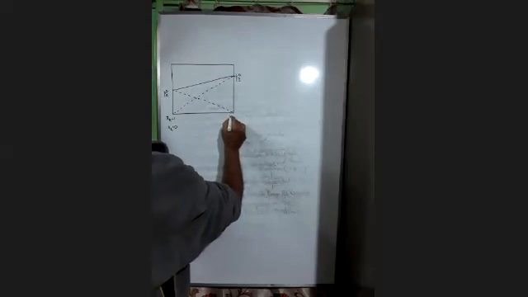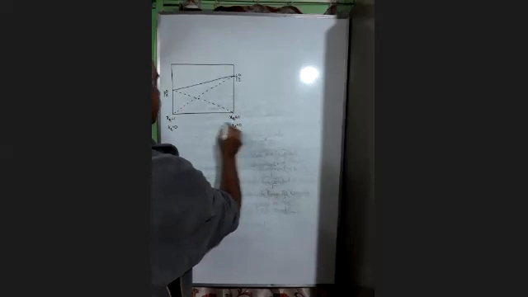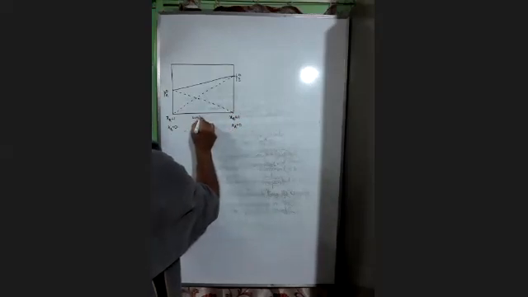Here, chi A is 1, chi B is equal to 0. This is pure, and this is 0, pure. And this is chi B 1, chi A 0. And this is the mole fraction.